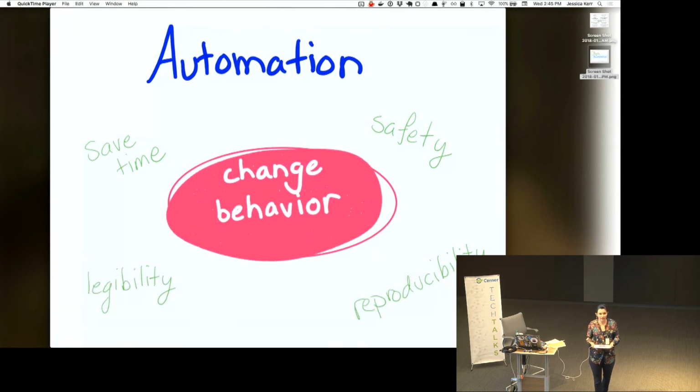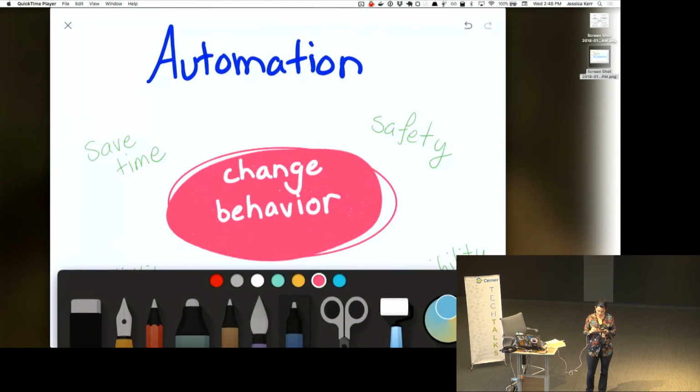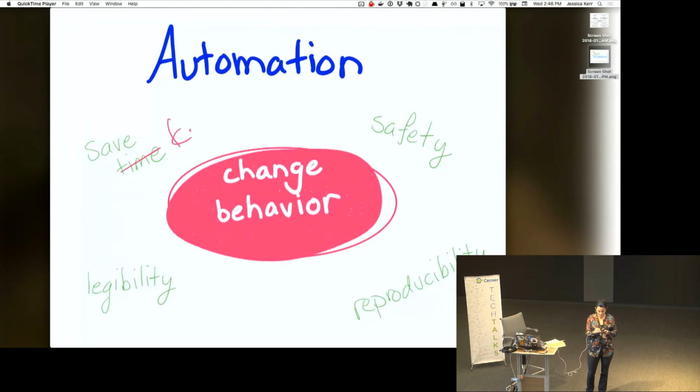It's changed my behavior. It's a small thing, it changed my behavior in a small way, but this is the real power of automation. It doesn't just save time, it saves couplets. And it changes behavior.